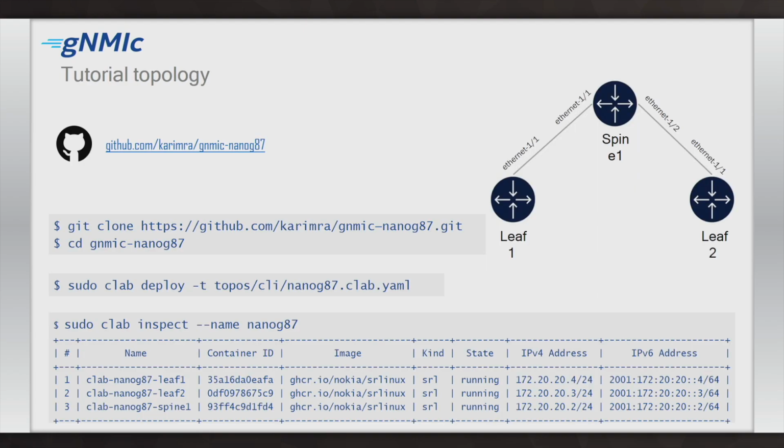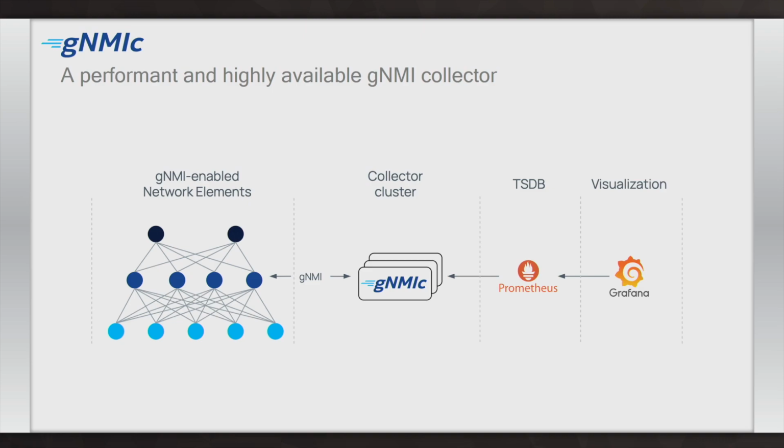Okay. So I'll skip all these. That's the URL to the GitHub repo. Going into the telemetry collector part, gNMIc is not just a CLI, it's also a telemetry collector that's also highly available, or can be made highly available via clustering and load balancing.